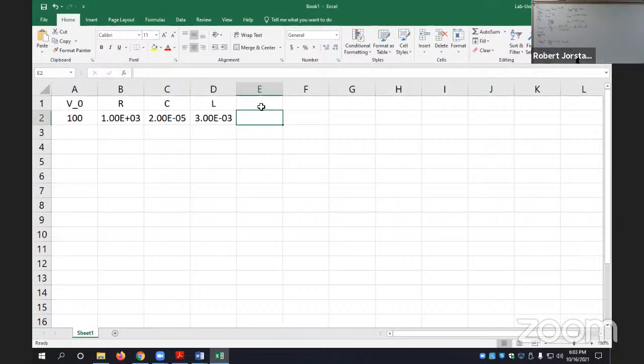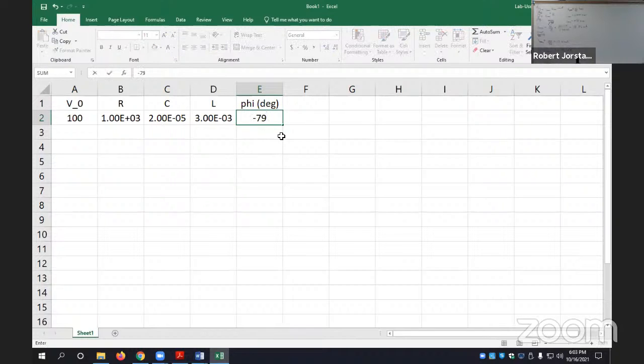All right. And let's see, we are trying to get, oh, and we found out the phase angle in degrees. What was that phase angle in degrees? Somewhere up here.